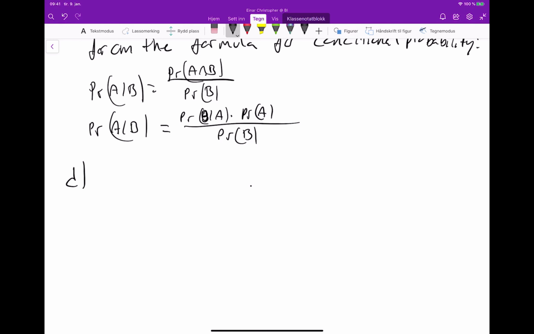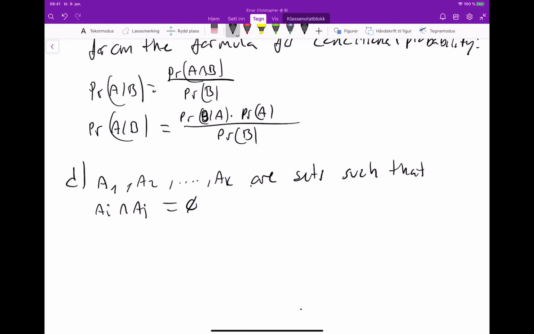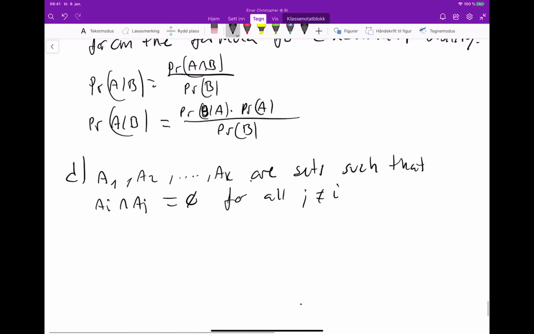Okay, D. Now we get a little information first here. A1, comma A2, comma dot dot dot, comma AK are sets such that Ai and Aj is empty for all j not equal i, like above.